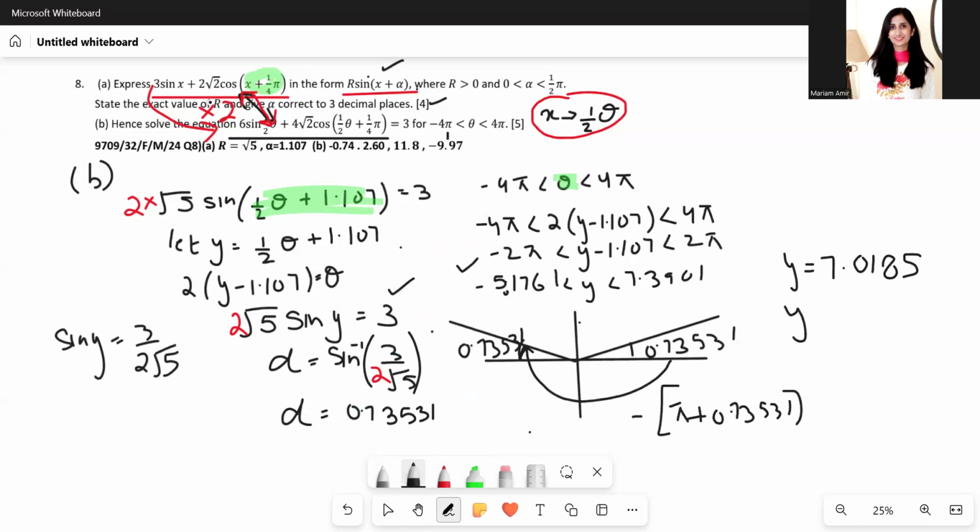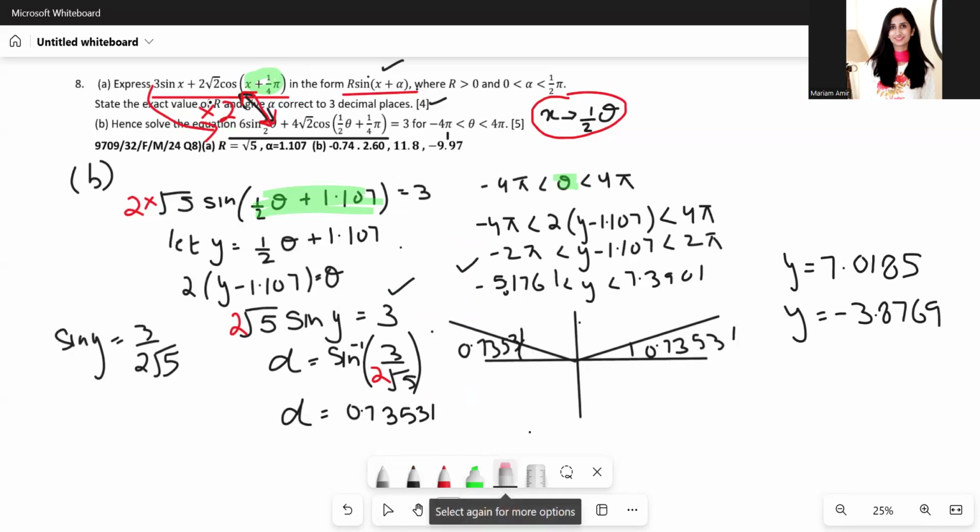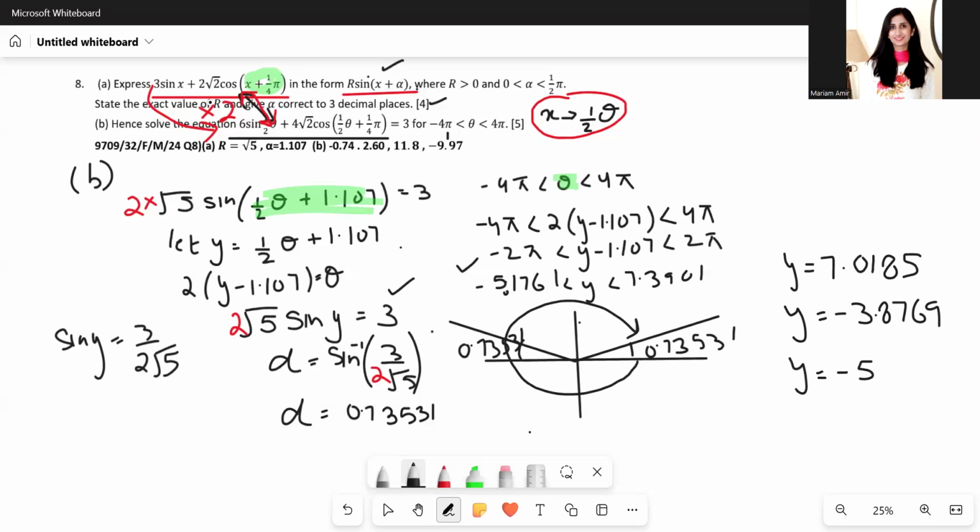That gives an answer within the domain, y equals negative 3.8769. Okay, now let's check the other value. This will be 2 pi minus that answer. 2 pi minus 0.73531. It's coming out to be 5.54, but it is bigger than minus 5.5478. Okay, this is outside of this domain, so we can't choose that.